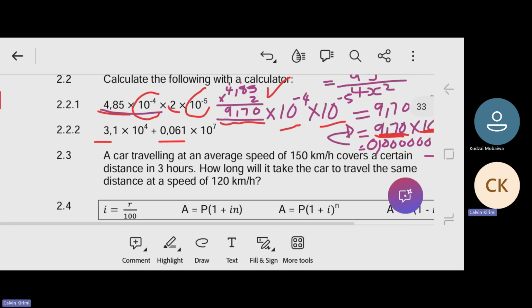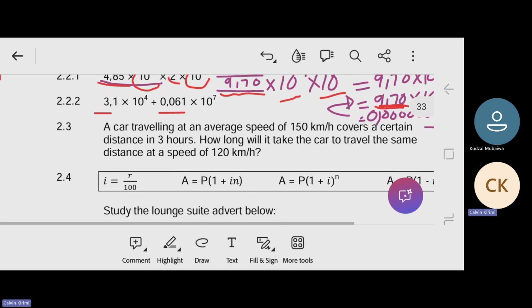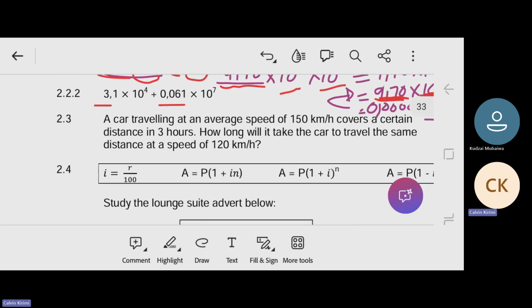Hello, you are there? Yes, sir. Right, so let's continue. We are saying 3,1 times 10 to the power 4 plus 0,061 times 10 to the power of 7.